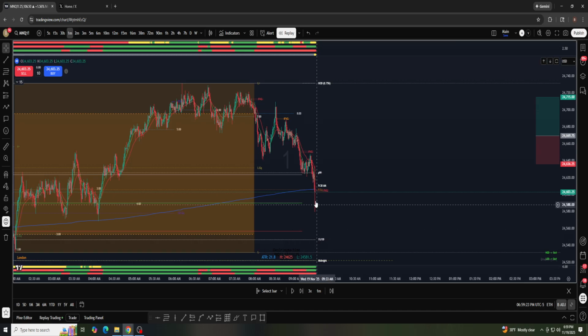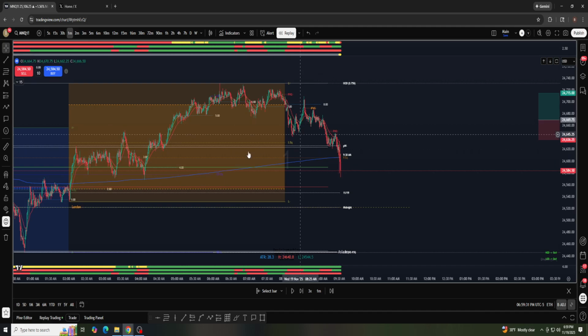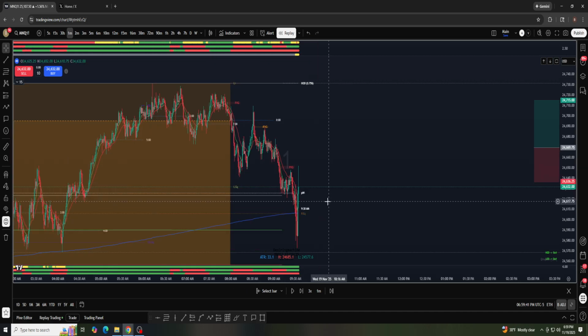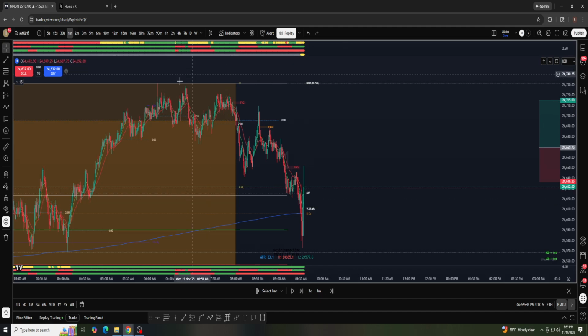So you can see right at 9:30 we get a reaction to the 50% and the VWAP of this session. So again, you're not buying, you're not picking a bottom, you're not limit buying, you're just observing. Again, with London highs as your target or potential target.